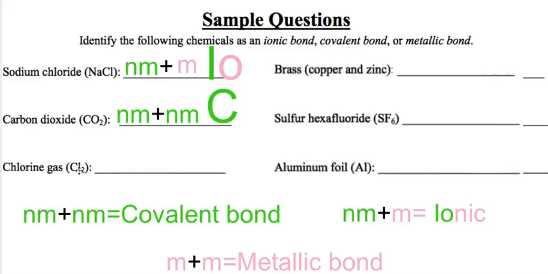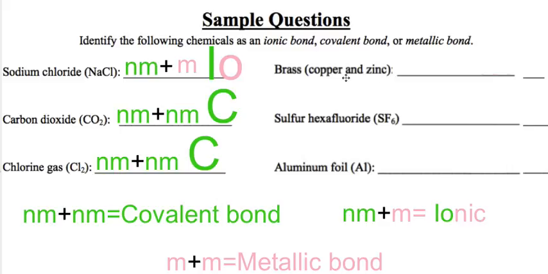So there are two chlorines that are bonded together, so determine what chlorine is. Pause the video if you need to. If you have chlorine plus a chlorine and they are both nonmetals, you have got a covalent bond.